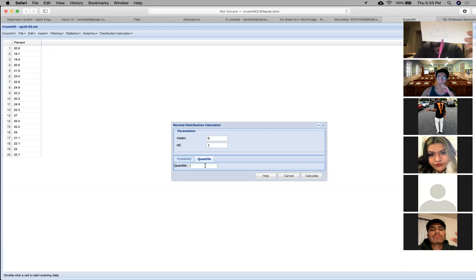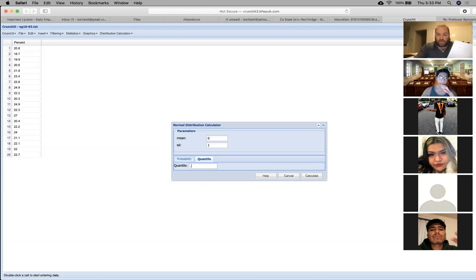Is this your left or your right? What do you guys see when you see this? That's my left. Is it 97.5? 97.5%, right? To the left of that is the 95 that's in the middle, plus half of the 5% that's on the wings. 2.5 on this side, 2.5 on this side. So to the left of this point is 97.5%.